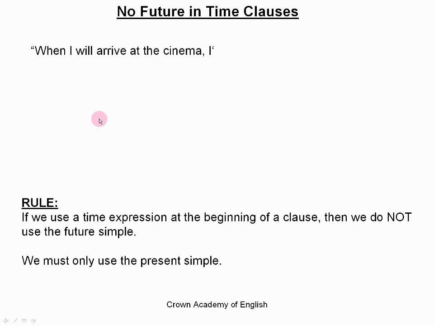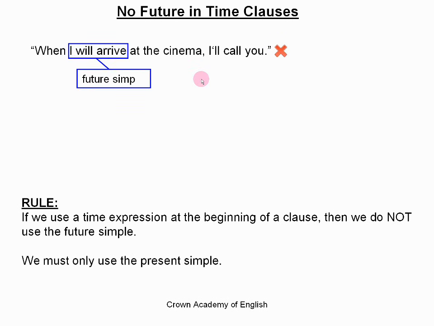So, for example, this sentence, when I will arrive at the cinema, I will call you, that is wrong. Okay? And this is the part which is wrong. Here we have used the future simple, I will arrive, and that is wrong.